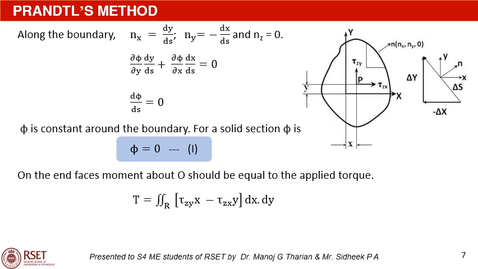This net moment should be equal to the externally applied torque T, which gives T equal to double integral over the region R of tau zy into x minus tau zx into y, into dx into dy.